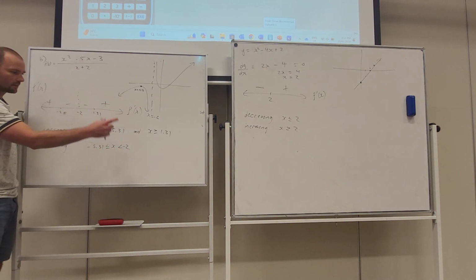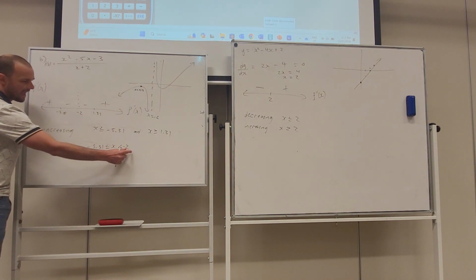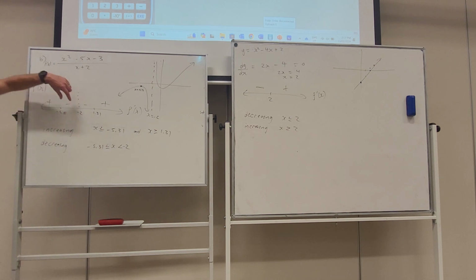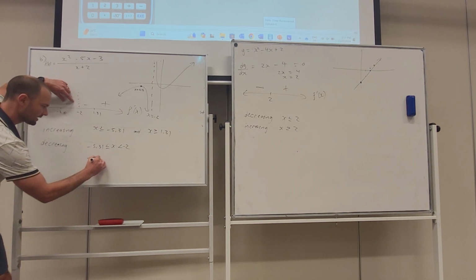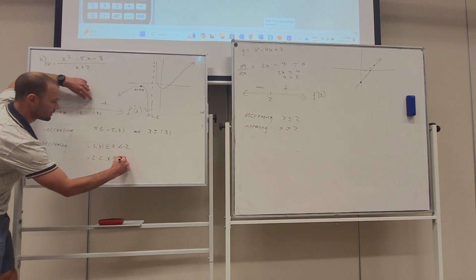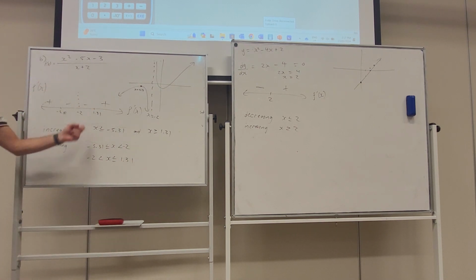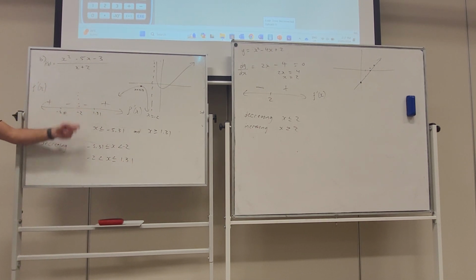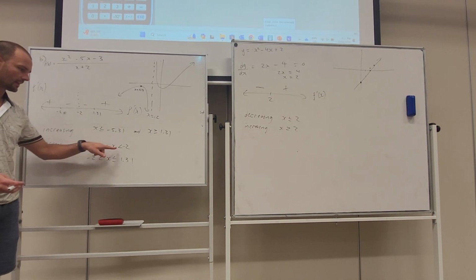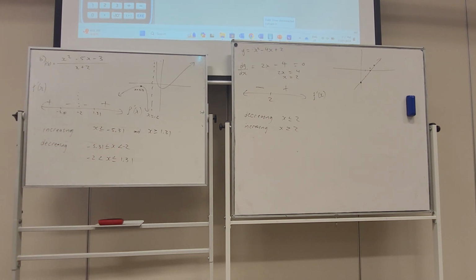It's decreasing right up to that point, but not at it. So that's the first interval over which it's decreasing, and here's the second one, 1.31. Again, it exists at 1.31, it doesn't exist at -2. So you need to be clear. In a test situation, marks are going to be allocated for using the correct notation there.